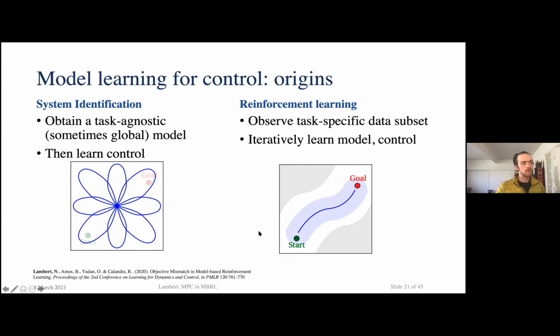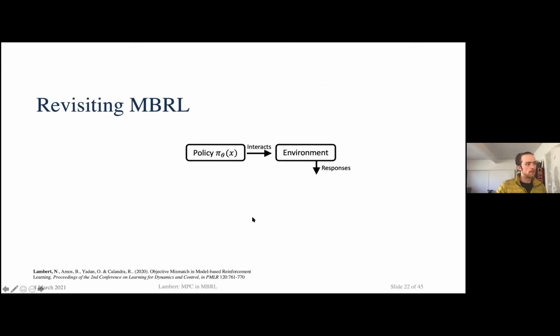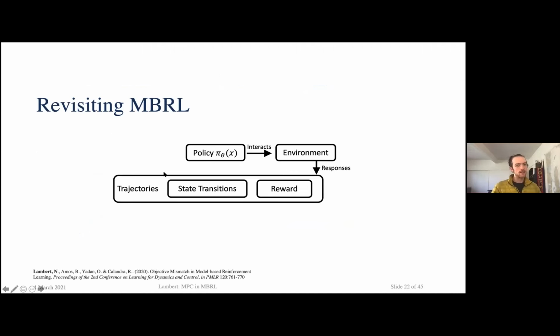With this introduction, I'm going to revisit the model-based RL framework. I'm going to visualize this loop in a slightly different way and point out where new connections will need to be made. In the loop, you have this policy, which is the agent. The agent interacts with the environment, and the environment gives us a set of data. The data comes from these trajectories, which are composed of states, state transitions, and reward.